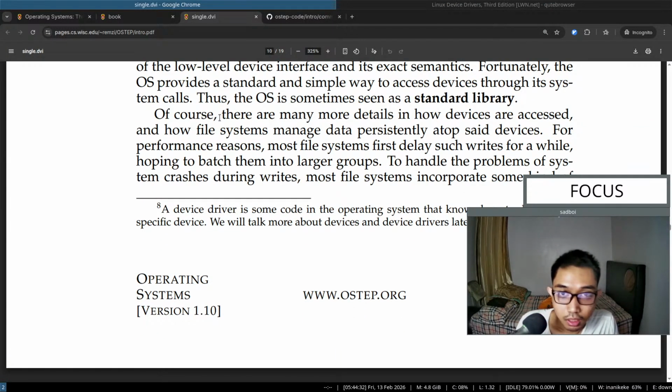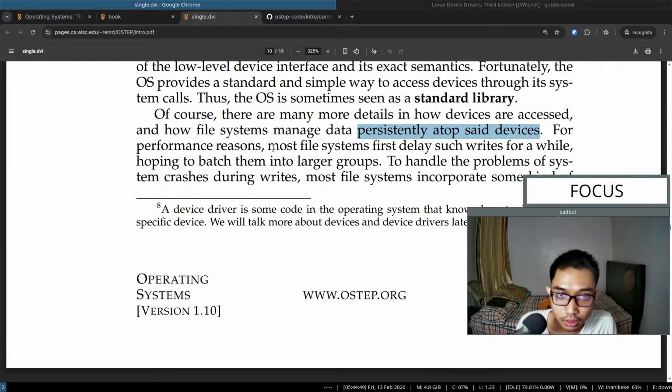Of course, there are many more details in how devices are accessed and how the file system manages data persistently atop said device.